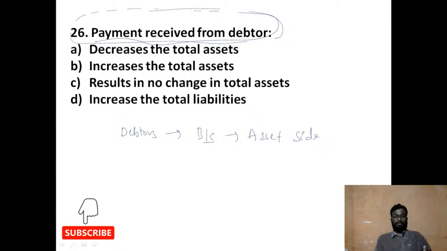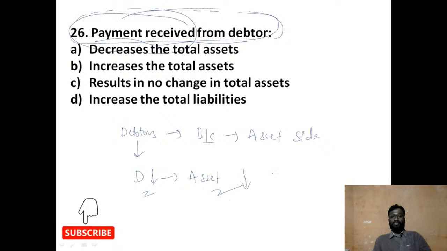Since payment has been received from debtors, debtors value will decrease. Since debtors are a part of assets, when debtors decrease, assets decrease. But payment received is nothing but cash.